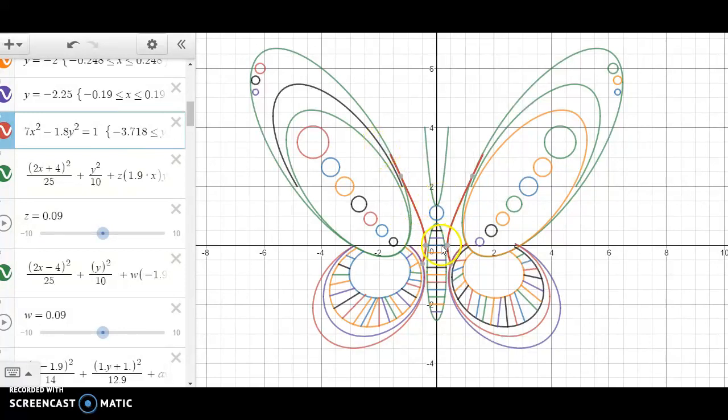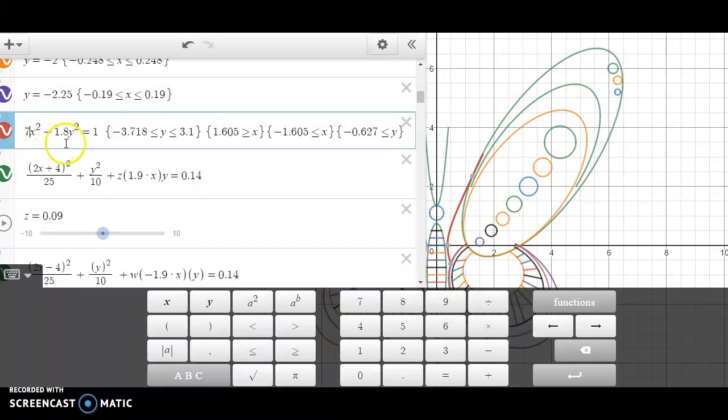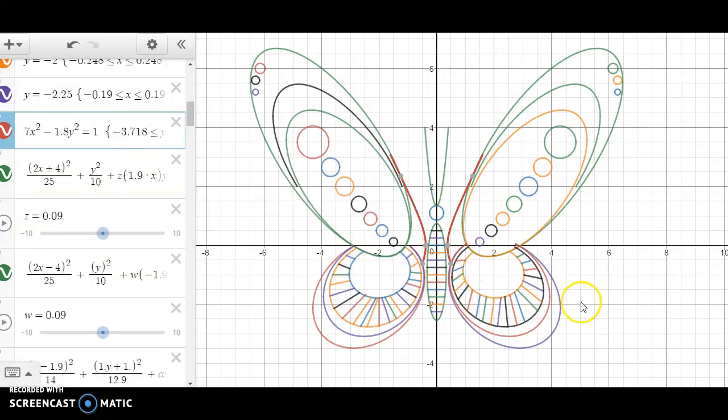I kept the center at (0, 0), but I changed the width and the height of it to make it the way I wanted it. I did that by putting the 7 in front of the x and the 1.8 in front of the y. This was the only hyperbola that I used in my image, and it works quite well as it connects the ellipses together.